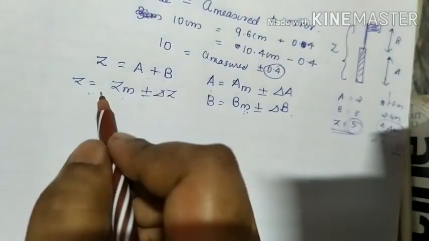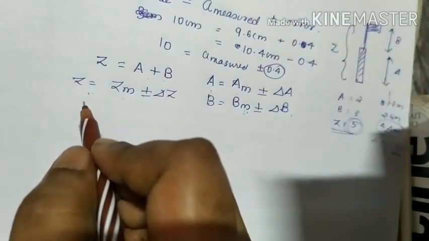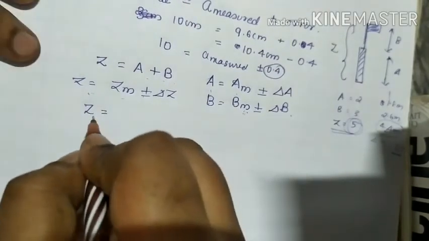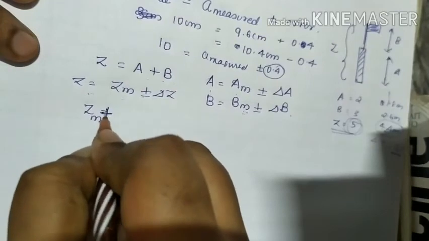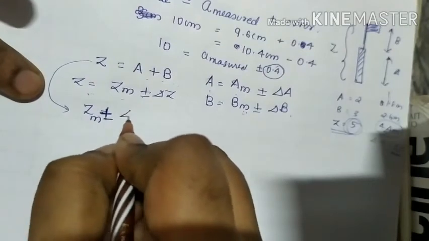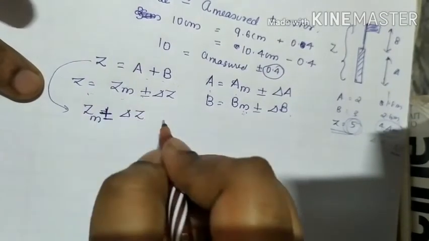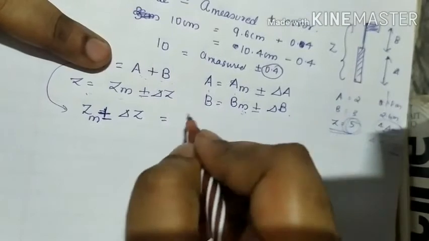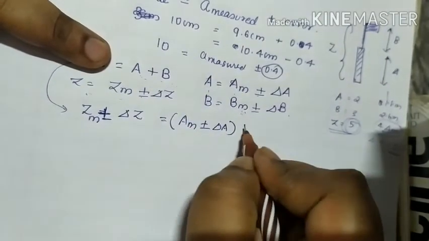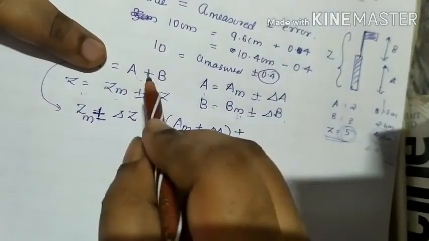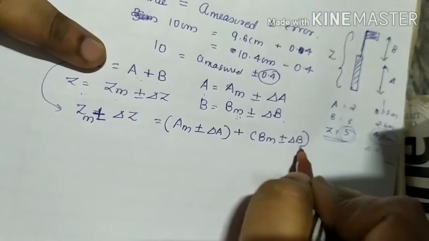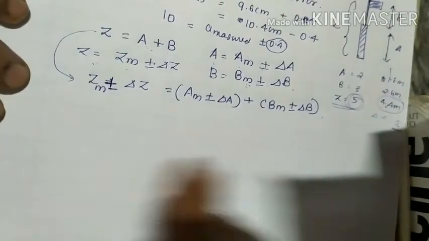Now here, in place of Z, I'm going to write ZM plus or minus delta Z, in this equation. ZM plus or minus delta Z is equal to, in place of A, I'm going to write AM plus or minus delta A, plus BM plus or minus delta B. Right, now I'm going to rearrange it.